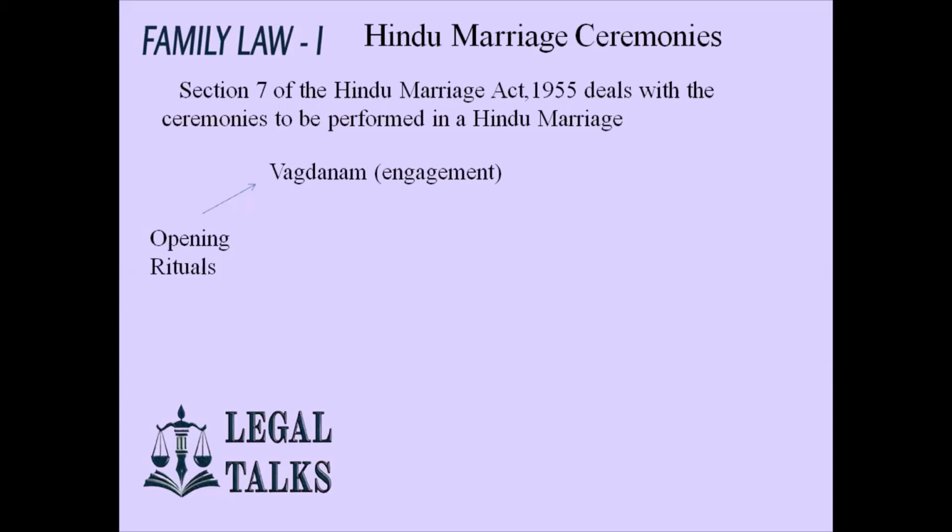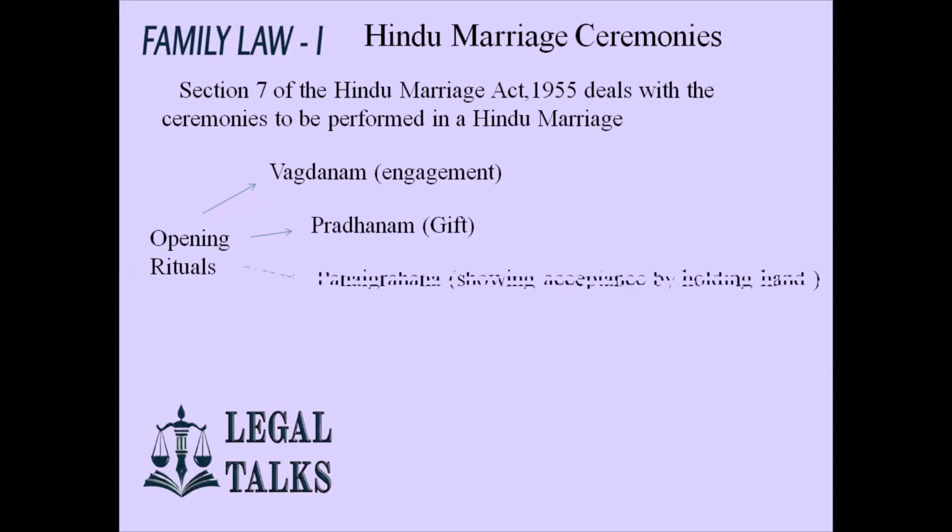Vagdanam is an engagement of two lives to live together forever. It's a mutual promise that the bride and the bridegroom make in a marriage. Pradhanam refers to the gift, a gift for each other to cherish and flourish for a lifetime.